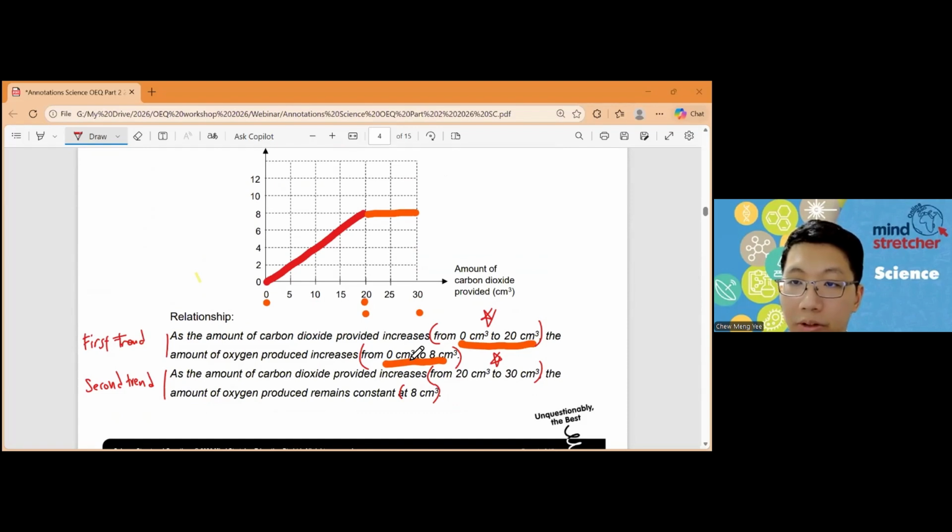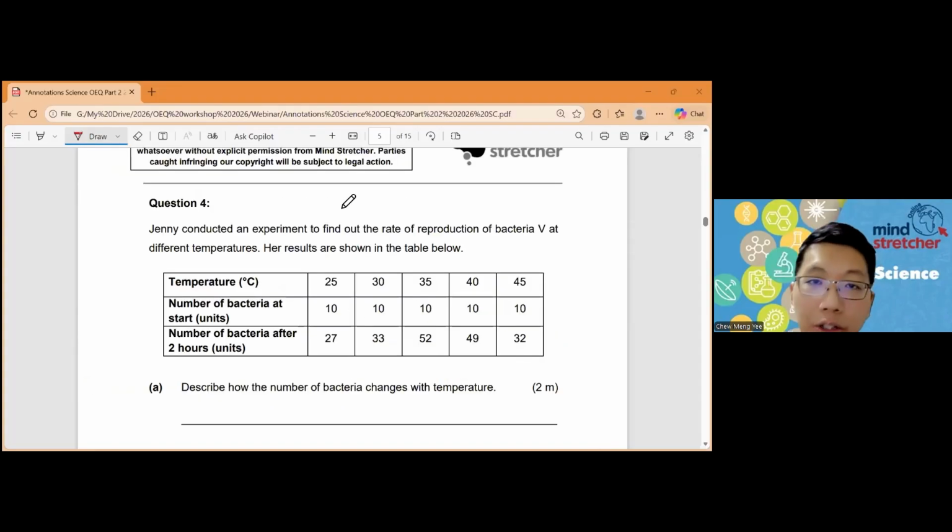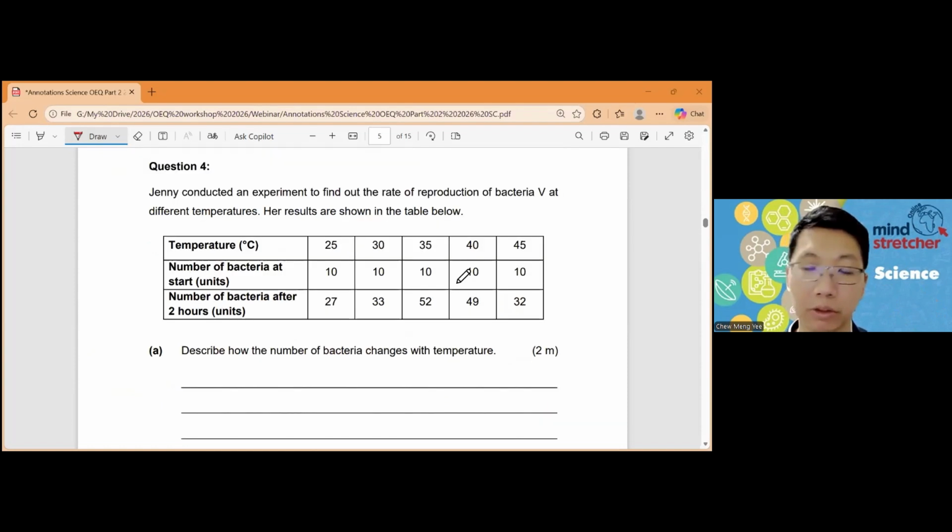All right, let me move on. Let's try this question. One of you asked, can PSLE ask three or more trends? It's unlikely to have three or more trends, because they are not trying to make it so difficult for you that you need to write a very long answer.